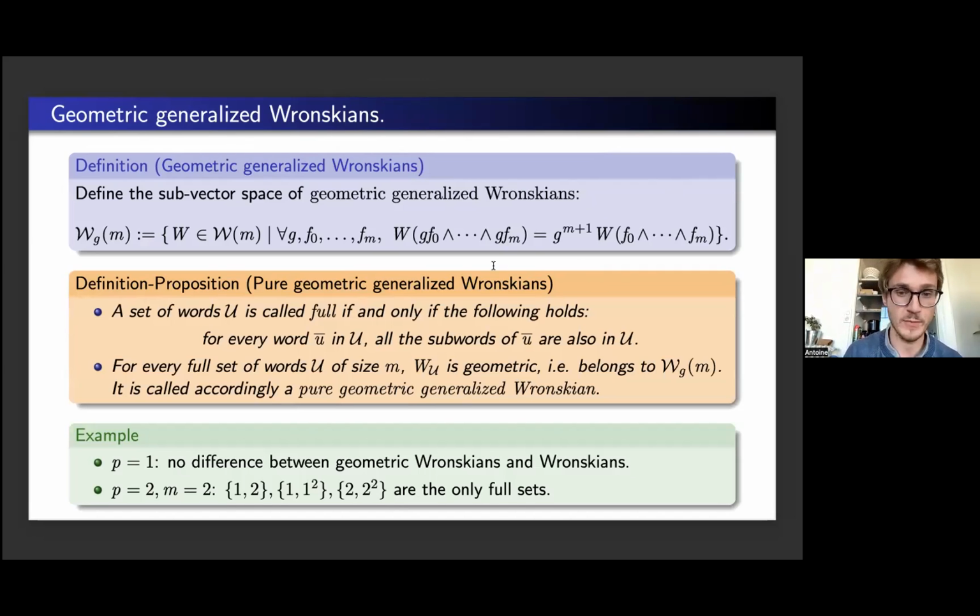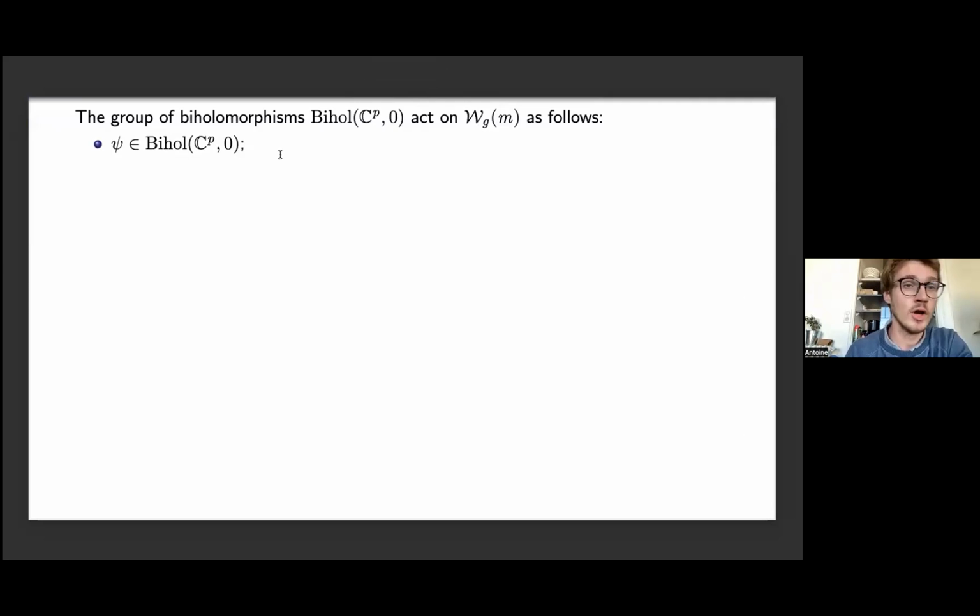And to find them, there is quite a natural way. Say that the group of biholomorphisms of CP^n acts on the space of generalized Wronskians as follows. We take a biholomorphism of CP^n, we take a geometric generalized Wronskian, and we simply act on it by reparametrizing the functions via this biholomorphism.